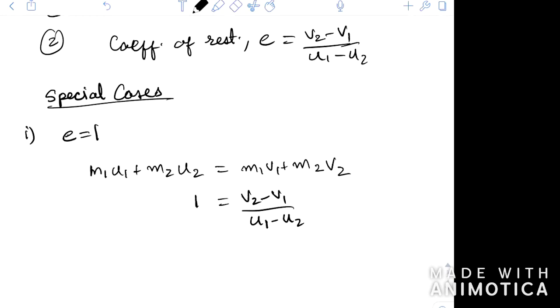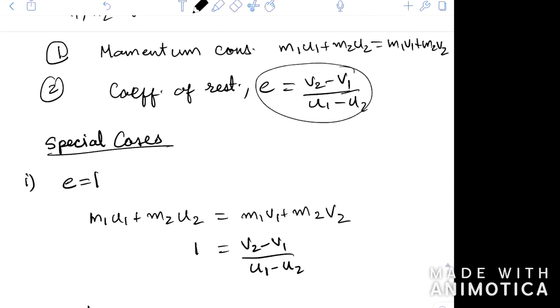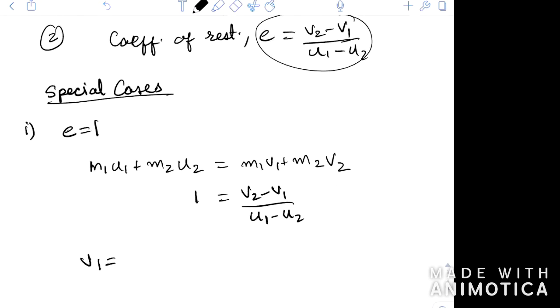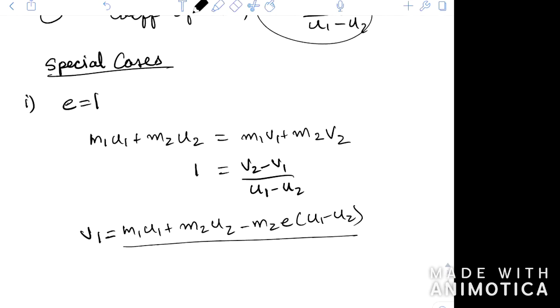Okay, so in general, if you solve for e, you would get v1 equal to m1 u1 plus m2 u2 minus m2 e into u1 minus u2, by m1 plus m2. So this is in general.